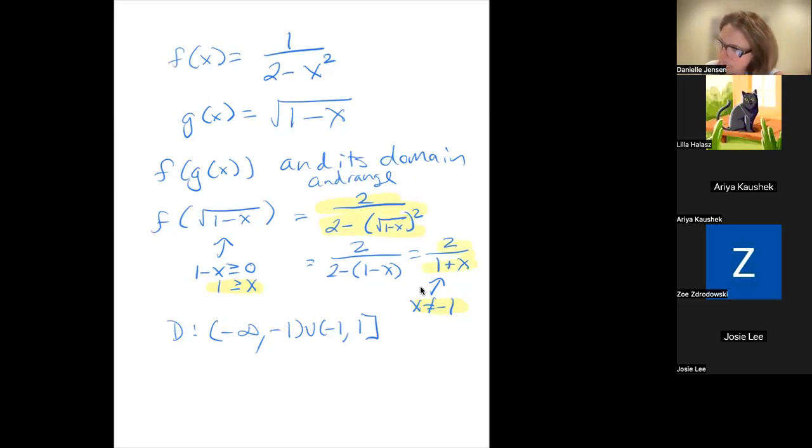For the range, I've got 2 on top, and then on the denominator, if I can put in for x everything from -infinity up to 1, though I can't put -1, but we'll take that into account in a second, what's the highest that the denominator could be?